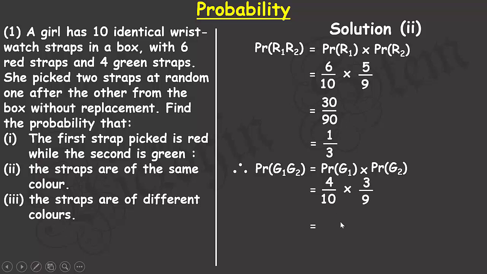4 times 3 is 12. 10 times 9 is 90. So 12 divided by 6 is 2, and 90 divided by 6 is 15. So the probability of picking a green strap at the first instance and a green strap at the second instance is 2 divided by 15. Okay.